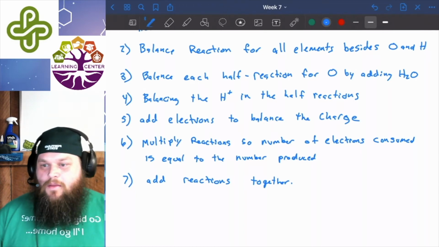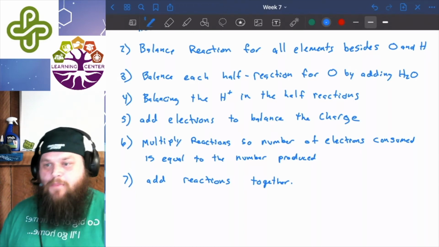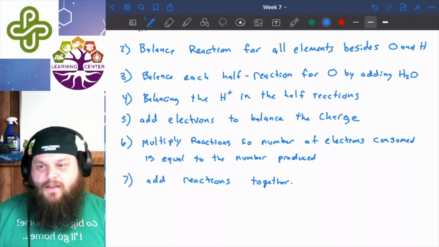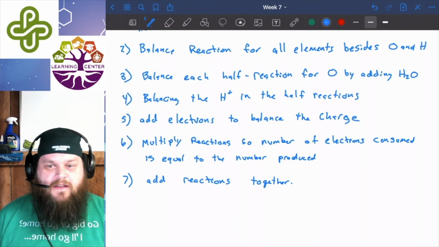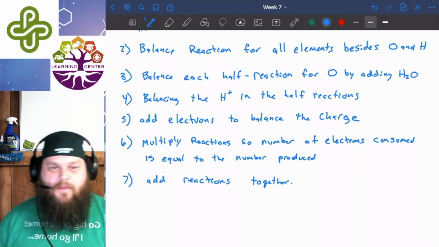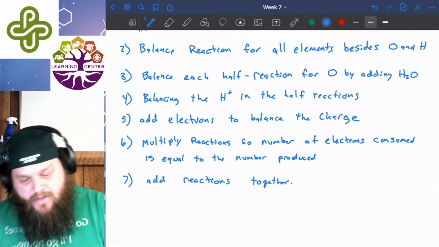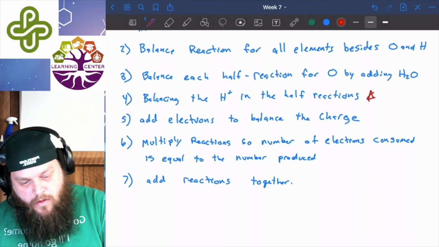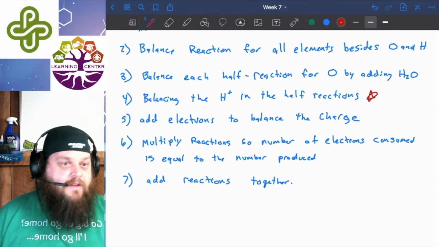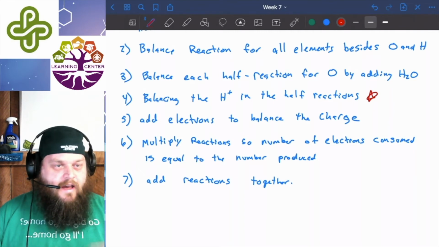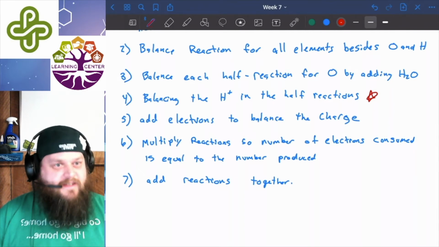At any time, if it's taking place in a basic medium, we can add OH minus ions to neutralize any of the H plus ions that might be added. So in this step here, we added a bunch of H plus ions in there. So that's fine if the reaction is happening in an acidic condition.